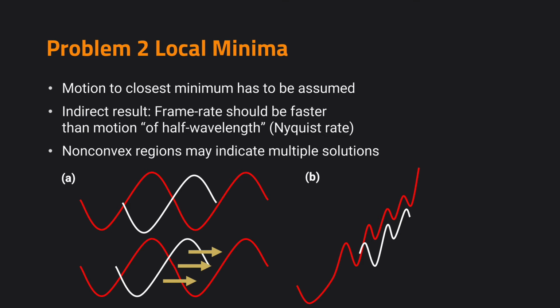That means that if we take the simple local minimum, when the curve is very complicated, or when the signal has multiple modes, as we show in figure B here, it will be very hard for us to find the correct matching.